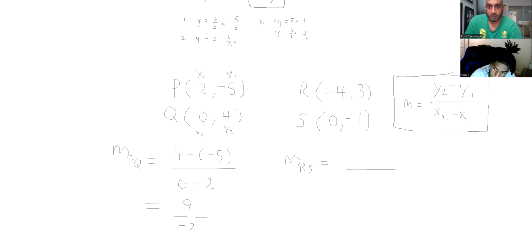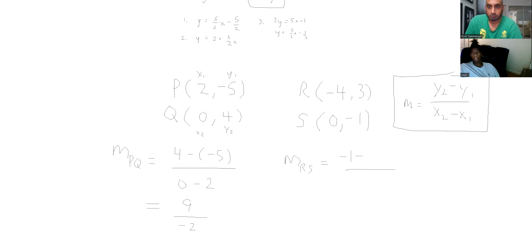What's slope of RS? Tell me what to write. -4 subtracted by 0. That's the x's. That would go on the bottom. Okay. So let's start with this one. This one minus this one over this one minus this one. Remember, you start with y2 first.